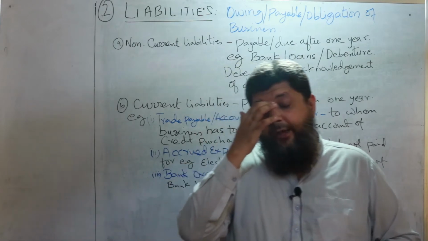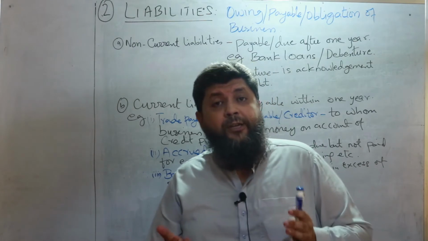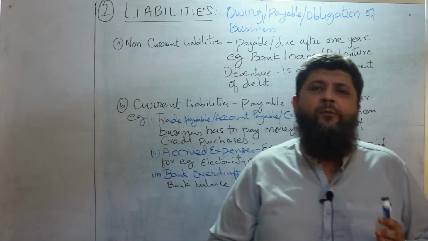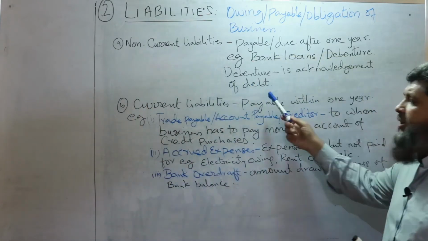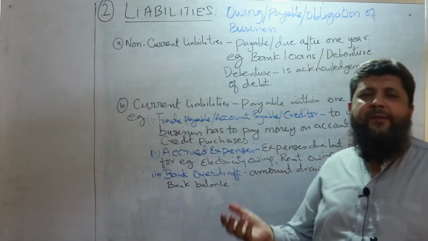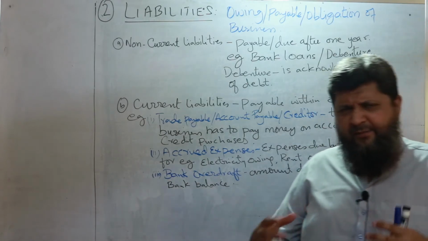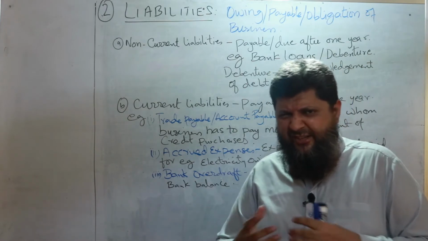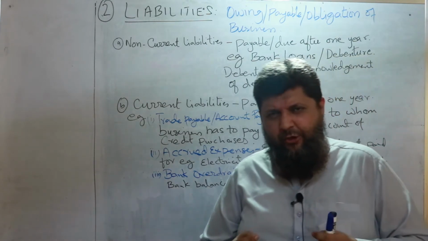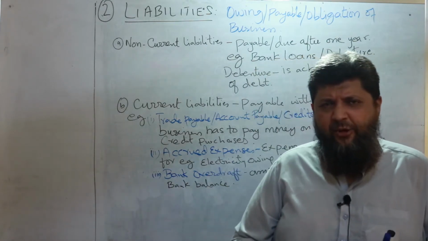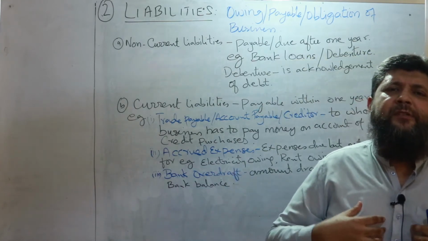Another example of non-current liabilities can be debentures. An alternative term used for bank loan may be debentures, and a debenture is an acknowledgement of debt. If the business has taken a loan, then they must have written somewhere the terms and conditions of the loan, repayment, interest, etc. That document, that note, that bond, that security, or anything in writing is an acknowledgement that we have taken a loan as business from you.